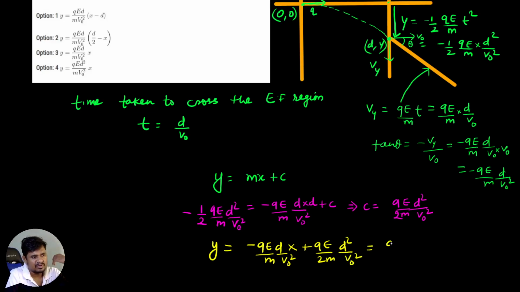We can take qE d by m v0 square common, so this will become d by 2 minus x. So the correct option is option 2.